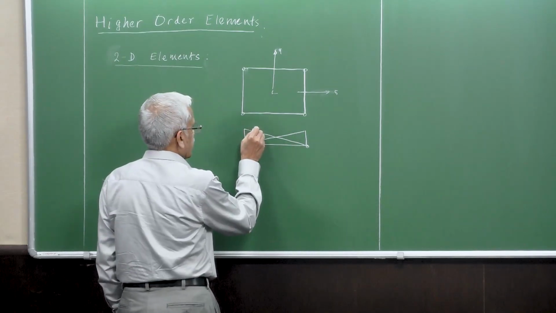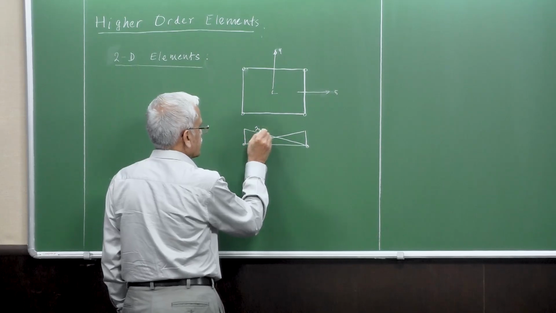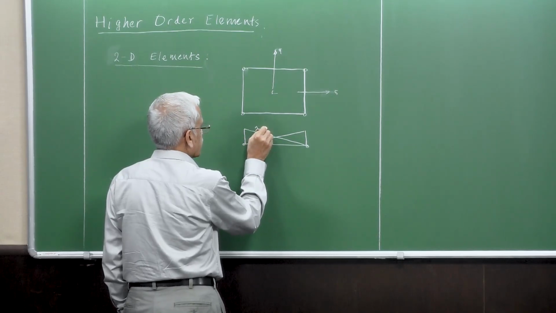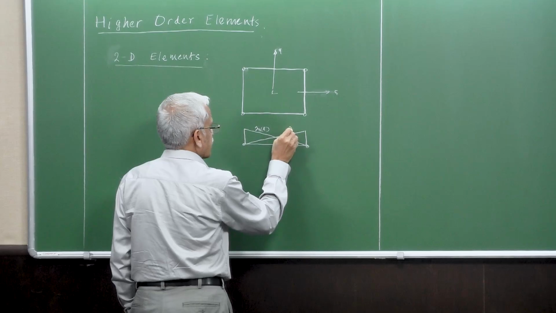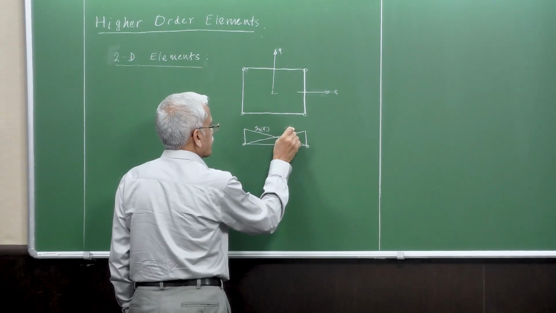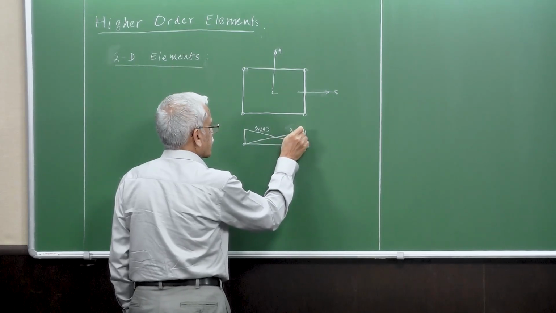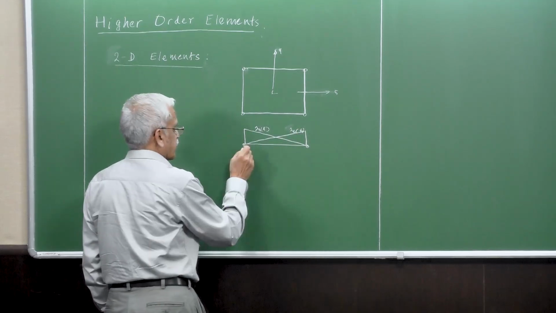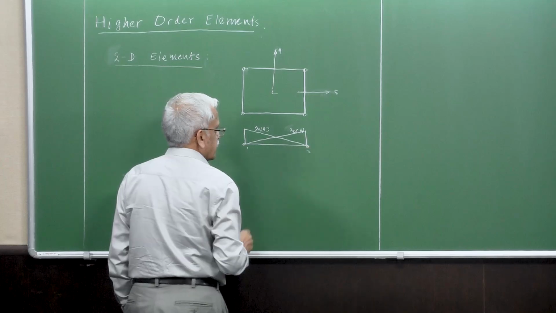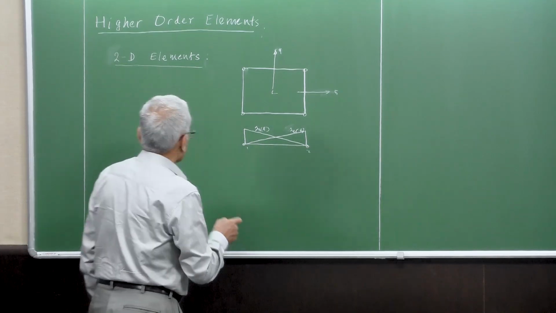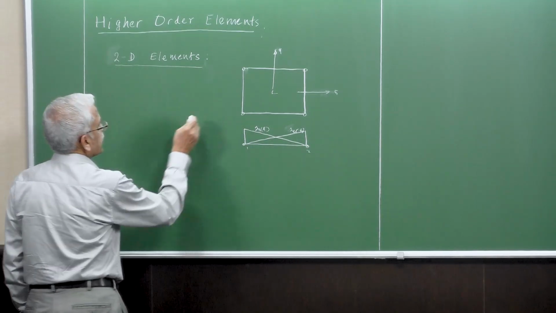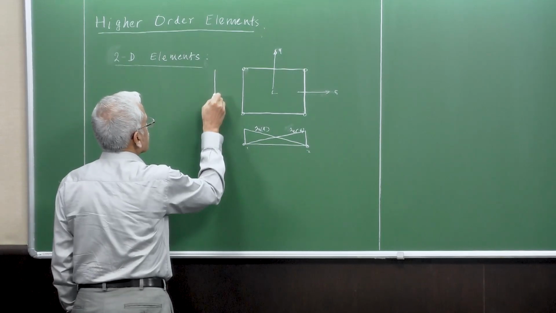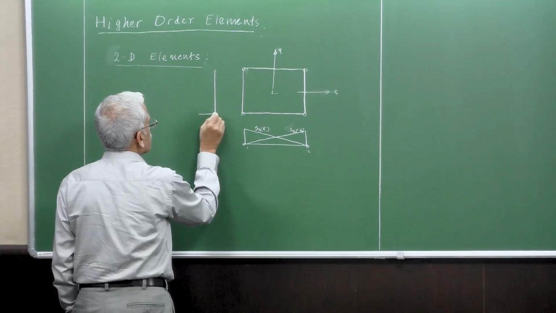We use lambda 1 here for this one in the x direction or psi direction, and lambda 2 in the second one, 1 and 2 here. So this is linear, and then the same thing we do for the y direction also.